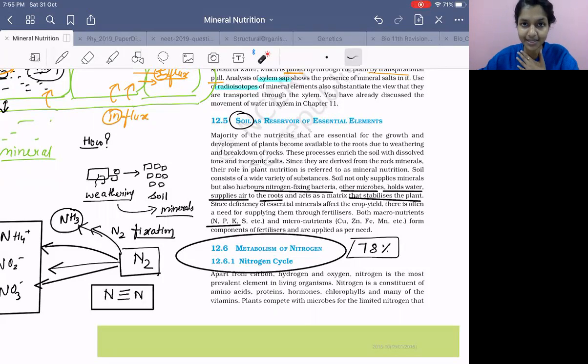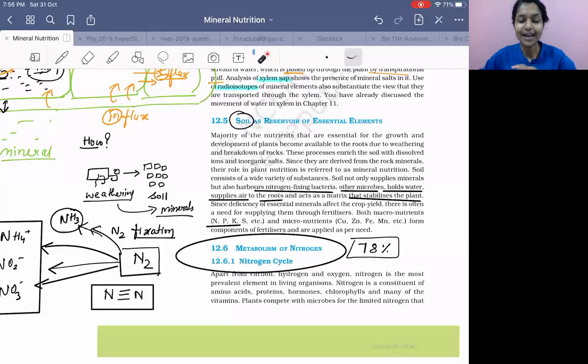Someone will eat the plant, herbivores. Herbivores will get nitrogen. Now those herbivores, carnivores will eat them. Carnivores will get nitrogen. Now plant, animal, everyone, one day they have to die. Again they get mixed with the soil. Again the new plant will obtain the nitrogen from the soil. This is how the nitrogen cycle keeps running.